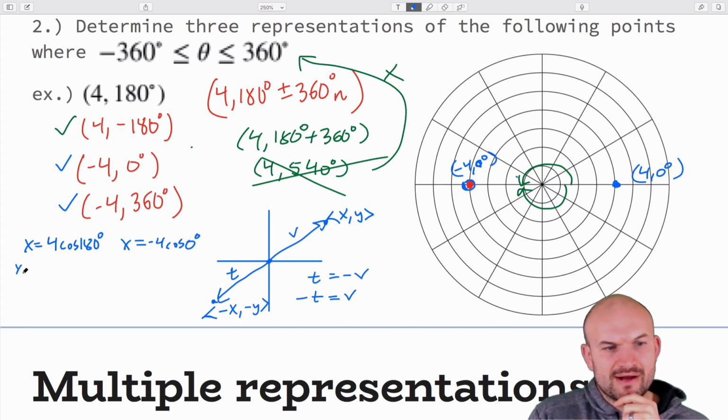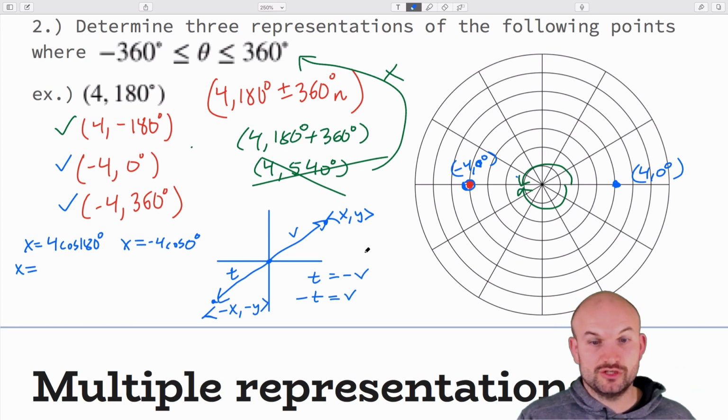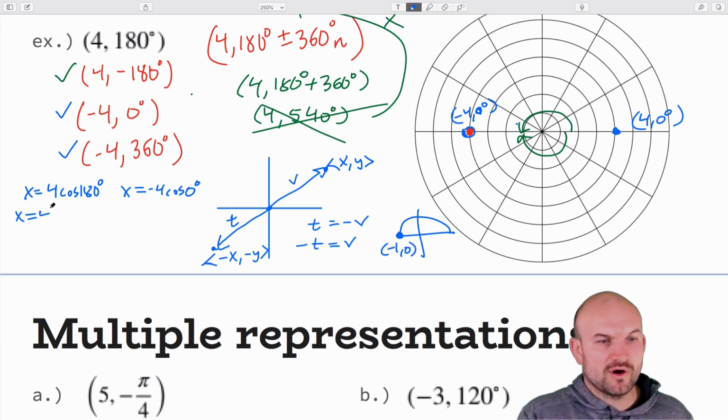Okay, so let's play around with this. Cosine of 180 degrees, based on this unit circle here, is going to be negative 1. So I have 4 times negative 1, which gives x equals negative 4. Got it. I'm familiar with that. I agree. That's fine.